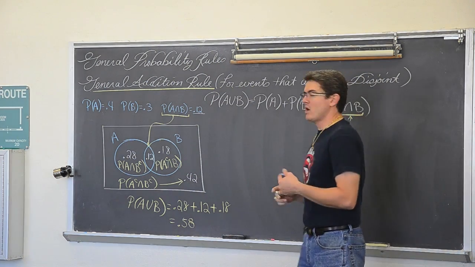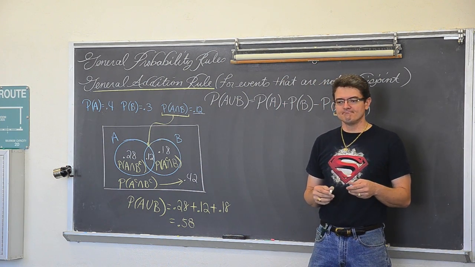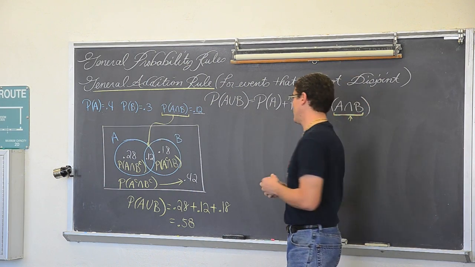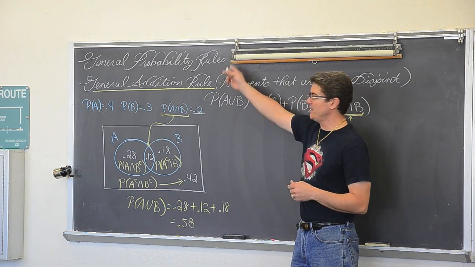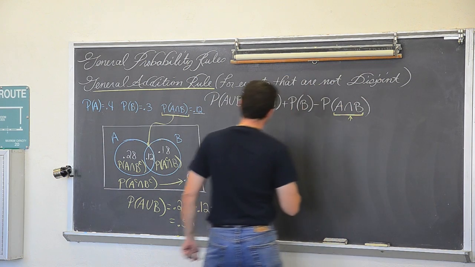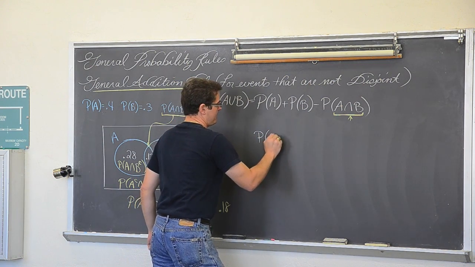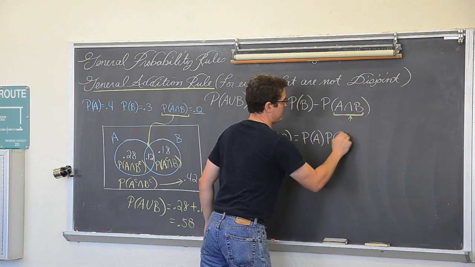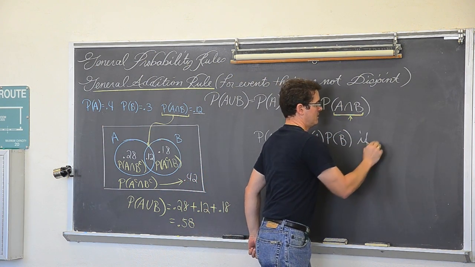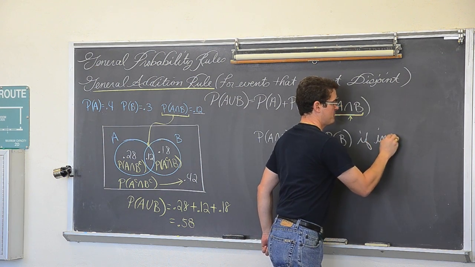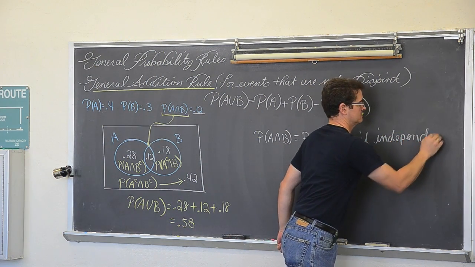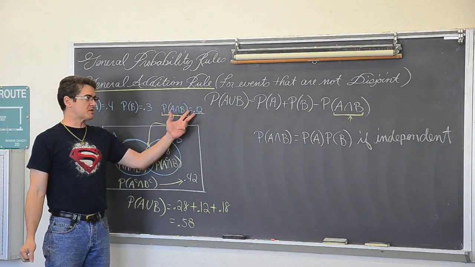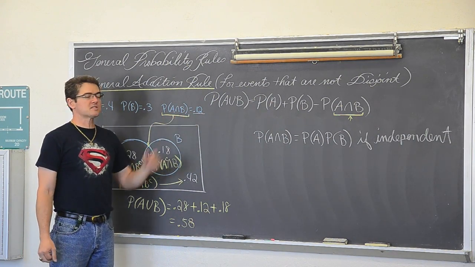Well, one of your probability rules that you learned in the previous video, the intro to probability videos, excuse me, I get my words all mixed up, says the probability of A and B equals the probability of A times the probability of B if they are independent. Well, they gave us the probability of A, they gave us the probability of B, and they gave us the probability that they both occur and that's 0.12.